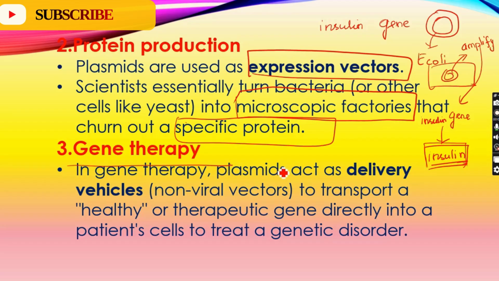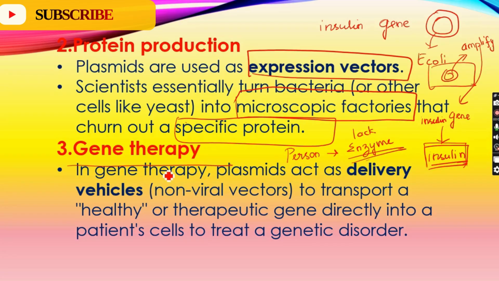Next, it can be used in gene therapy, which means if a person lacks a certain enzyme due to an inborn error of metabolism, the lack of the enzyme leads to accumulation of the enzyme's substrate and leads to many metabolic disorders.